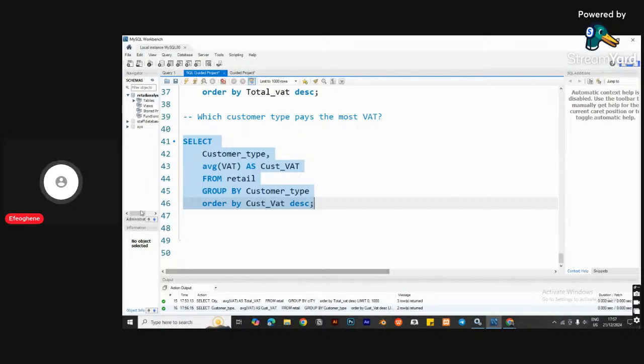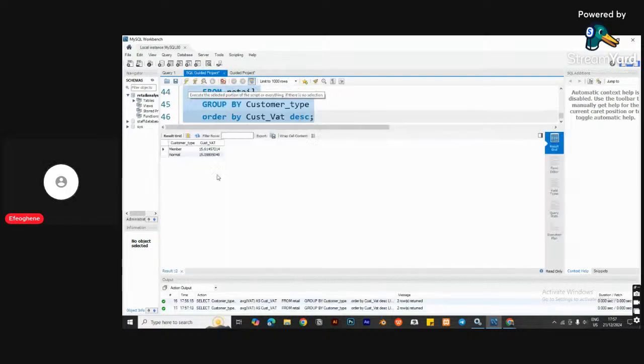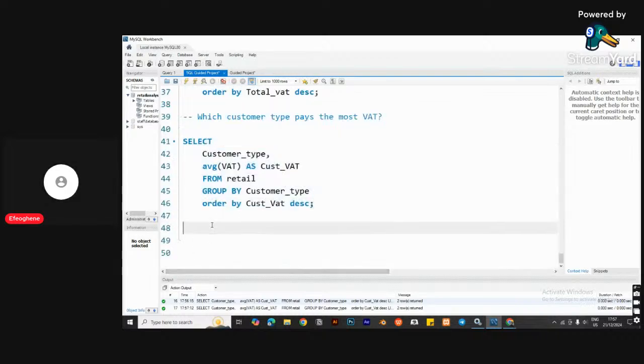So there's no correlation, so let's not keep that. Remember, data is a collection of facts too. In some cases, businesses who are doing very well are taxed the most, but in this case, we see that members are taxed the most. So that's the insight we've seen from the data.